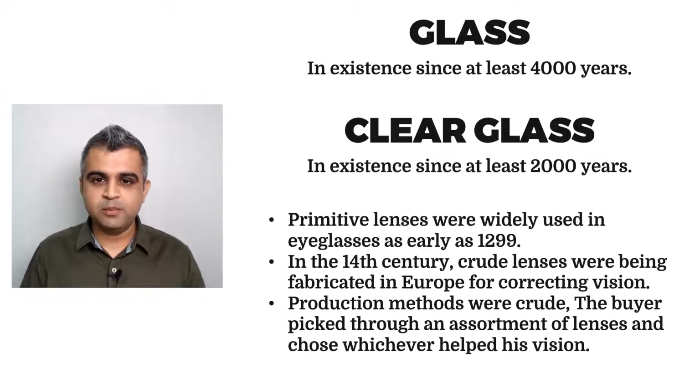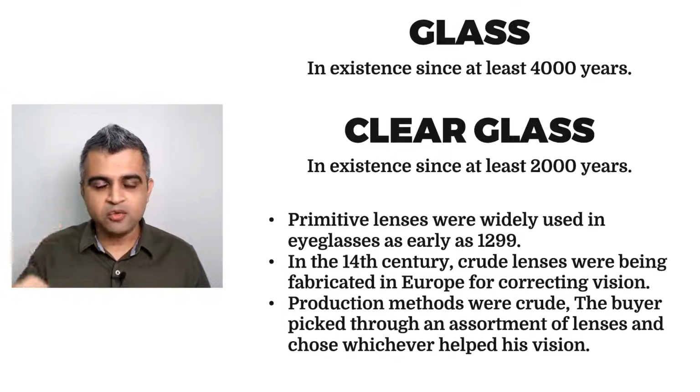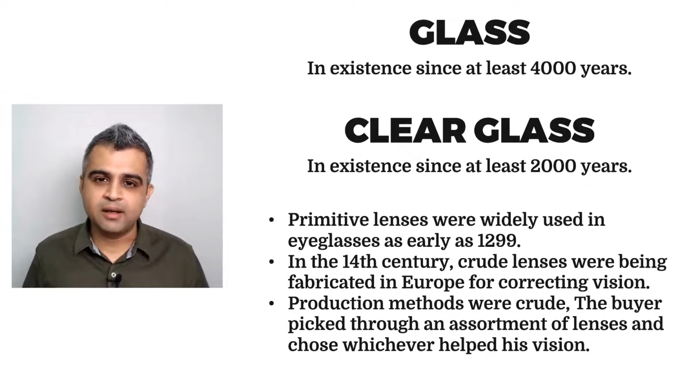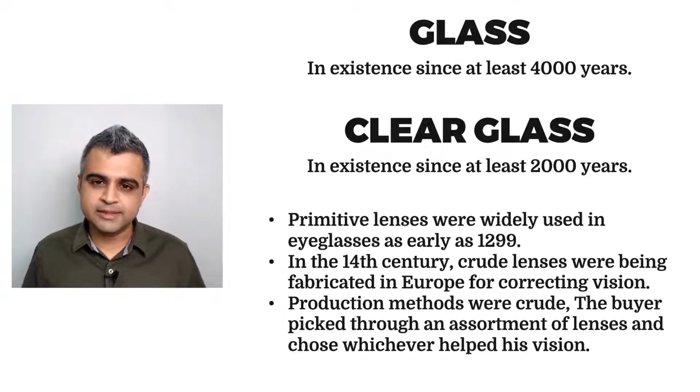You just go to that person and you try, and then you see 3 or 4 or 5 or 6 or all of them, and if by luck one fits, you buy it. This is what was happening in the early 14th century, sometime in the year 1320, 1330s, at around that time.